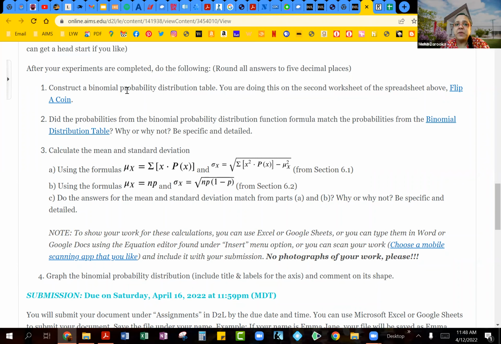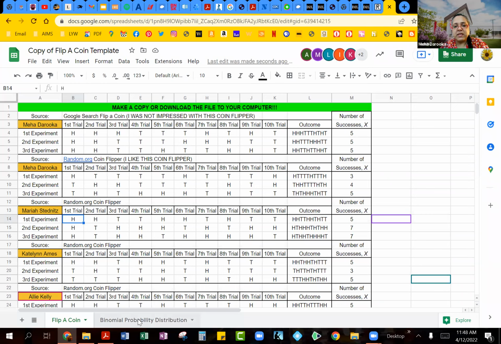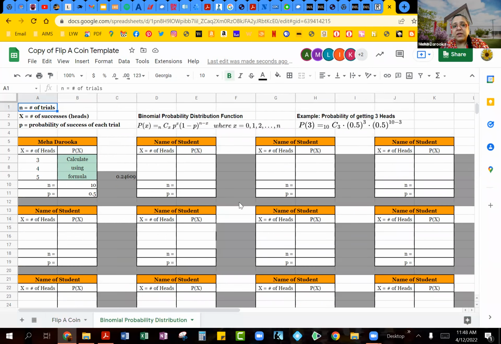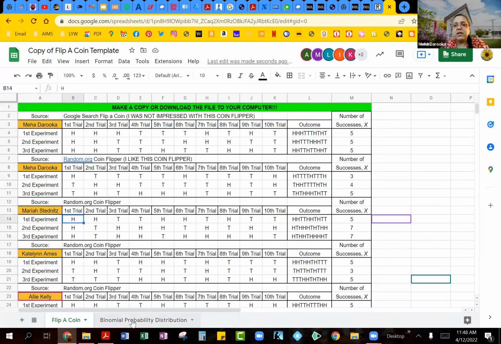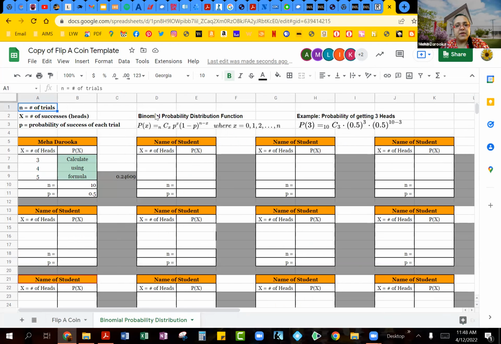So now we are going to be constructing a binomial distribution table. And as I'm telling you, this is on the second worksheet. So just at the bottom, go to the second tab and it will bring you over here. And again, claim a spot and put your name on the top, and then the number of heads you had on that first page, just bring them over. So like I have 3, 4, and 5.